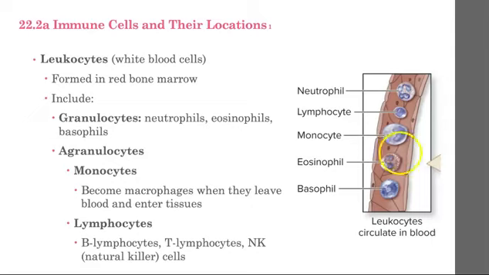Our lymphocytes are going to have small granules as well, and we know them as our B and T lymphocytes, or B and T cells. They also are going to be our NK, or natural killer cells. So we'll talk more about these cells once we get into our different immune systems.